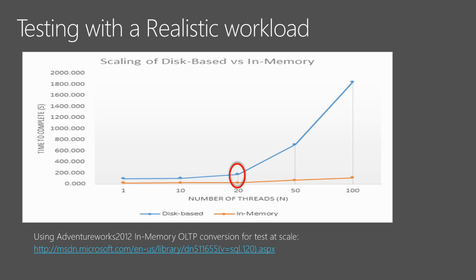You can see here, in running a workload that we have against that AdventureWorks 2012 in-memory OLTP conversion, once you get up to greater than 20 threads, which is where you start having a lot of contention, then you can see dramatic gains between in-memory OLTP, that bottom line, and where the duration will just go up and up and up in the disk-based case.